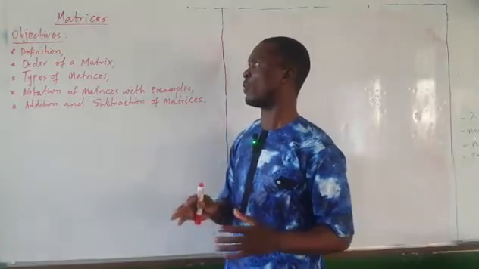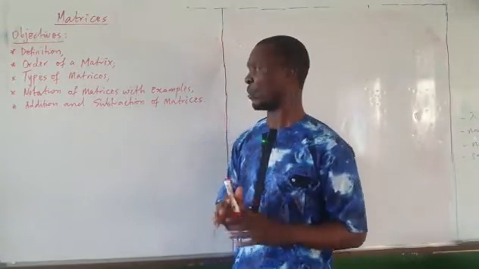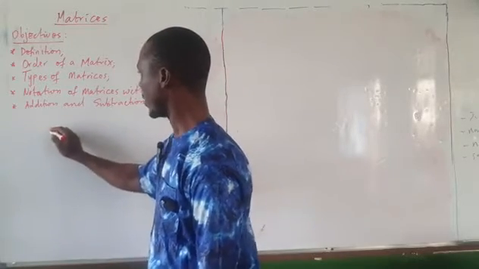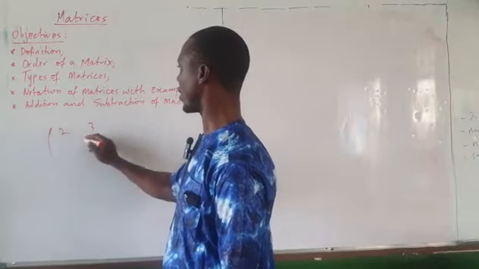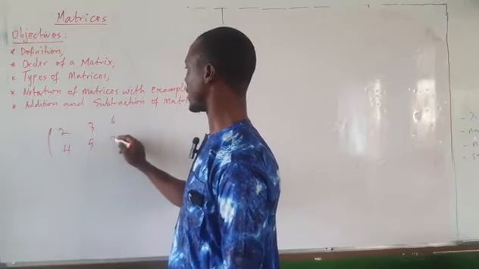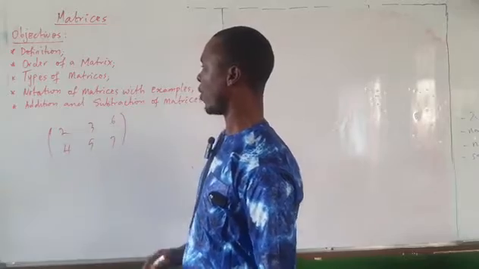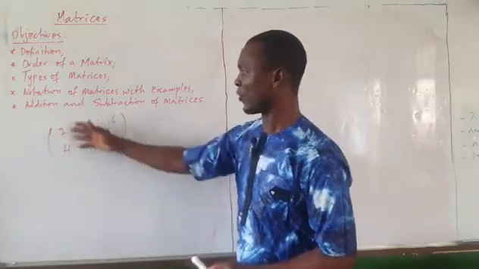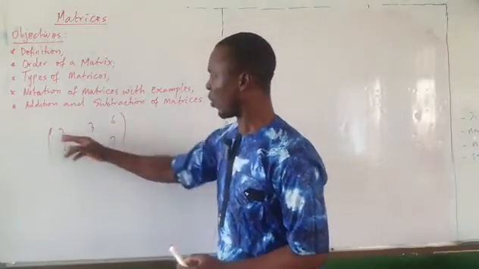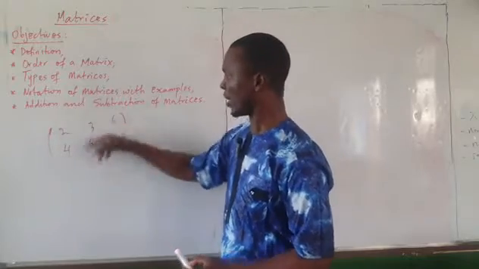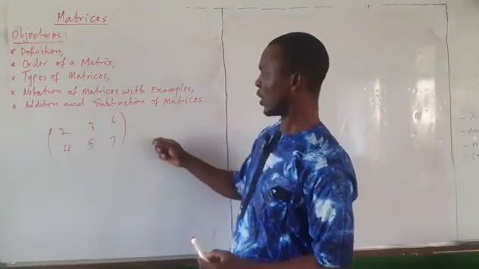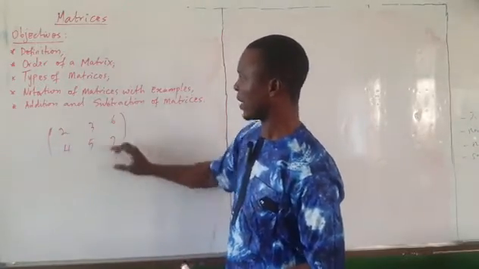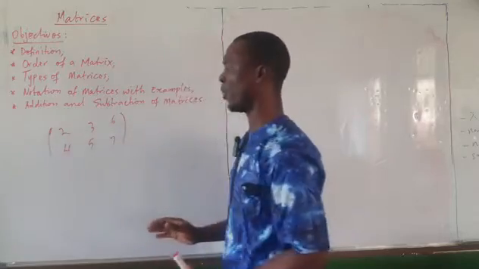So that is the definition for a matrix. And we define that as any given set of numbers such as 2, 3, 4, 5, 6, 7. So a matrix is given as a set of numbers arranged in rows or in columns so as to form a rectangular pattern or array, and this rectangular pattern is enclosed in a curved bracket.